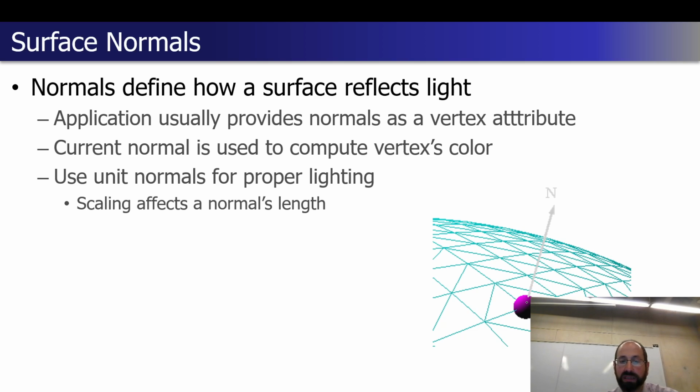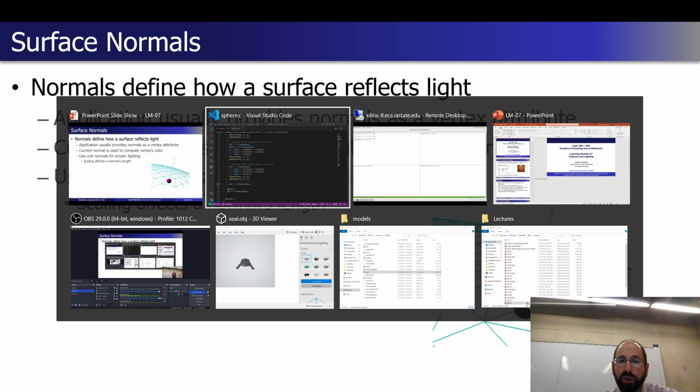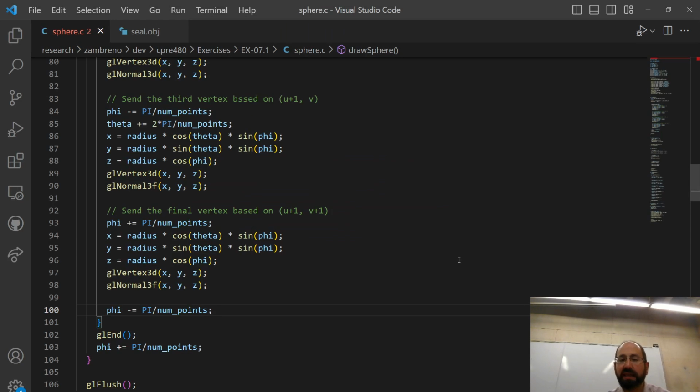I didn't really emphasize this as we were looking at our sphere.c, because again, this is kind of old school OpenGL, but every time we specified our GL vertex call to specify our XYZ location for the next vertex in our quad strip, we were also specifying our normal to that vertex.